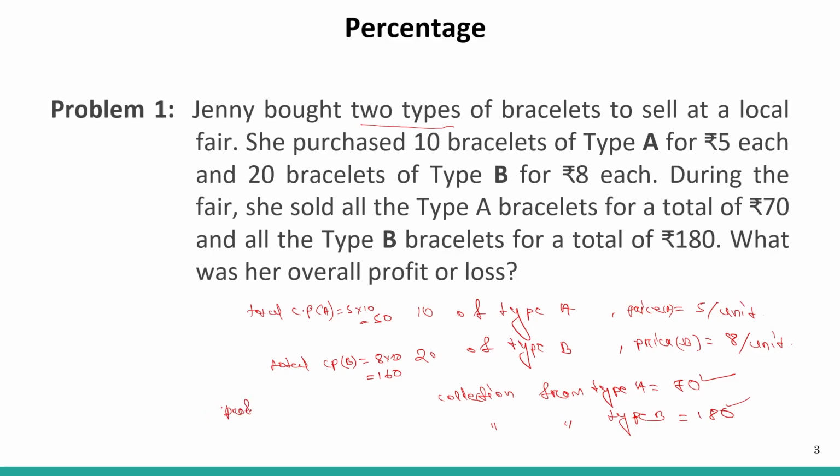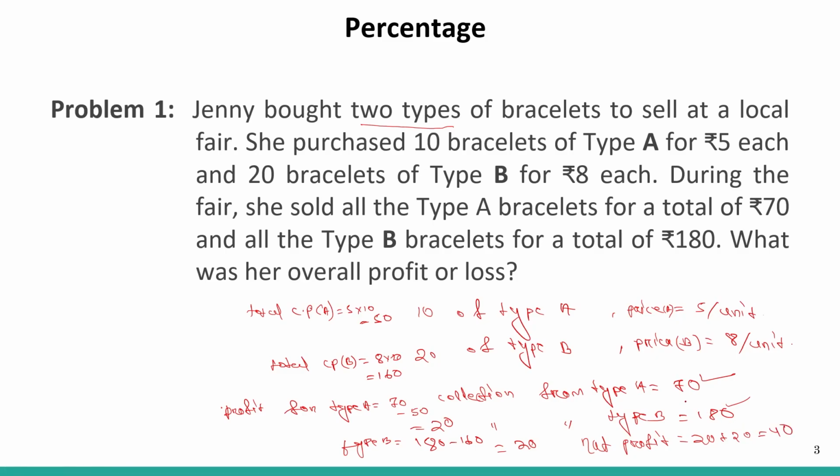Profit for type A is 70 minus 50, which is 20. And for type B, 180 minus 160, that is also 20. So net profit is 20 plus 20, which is 40.